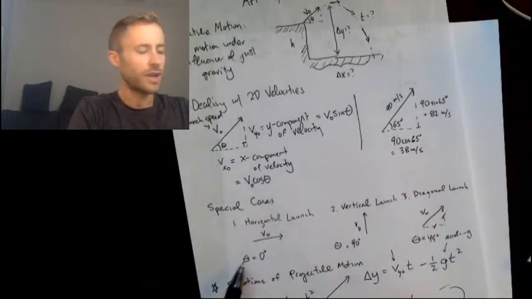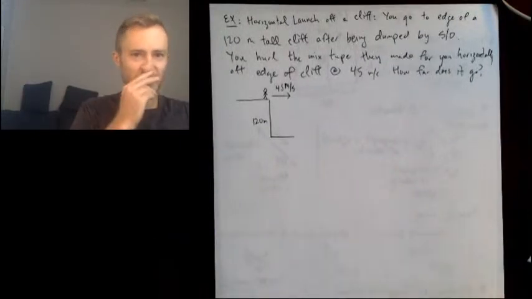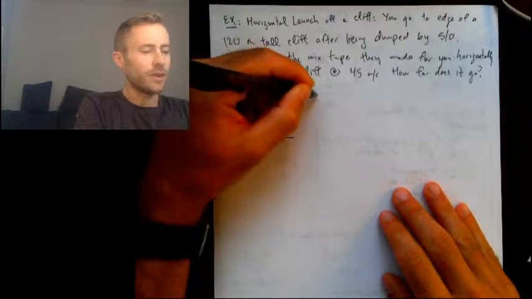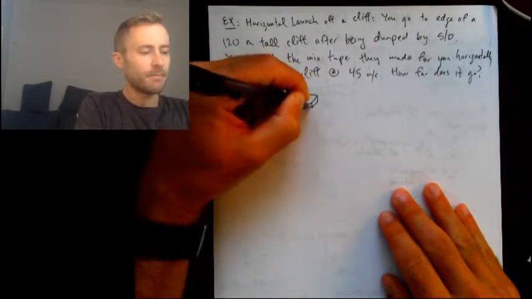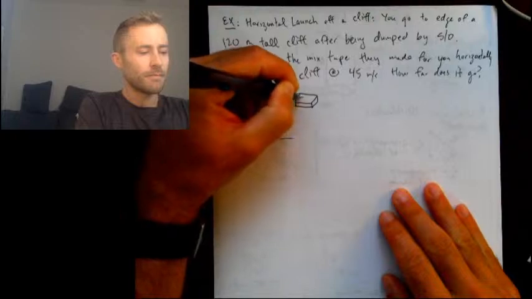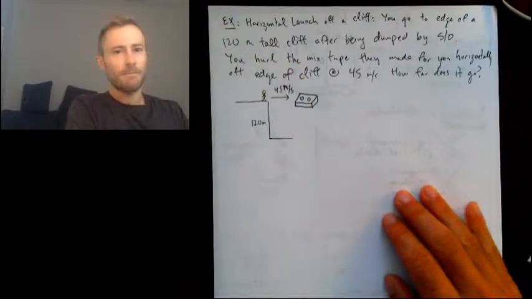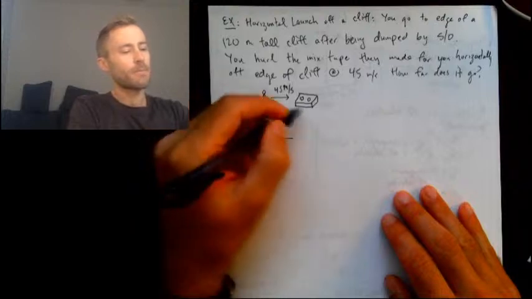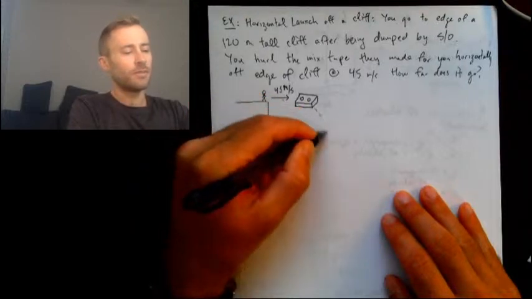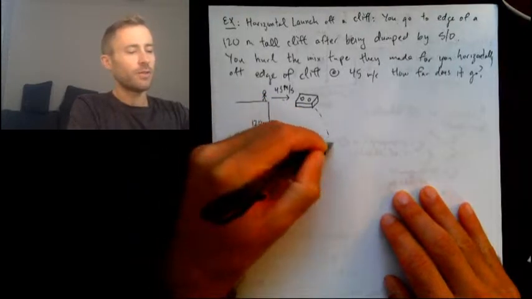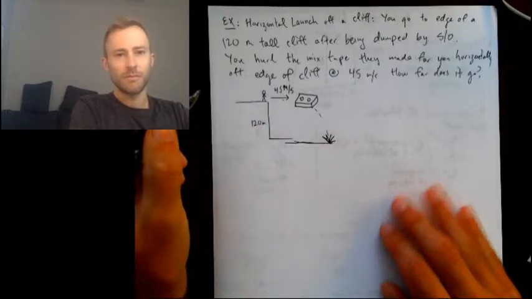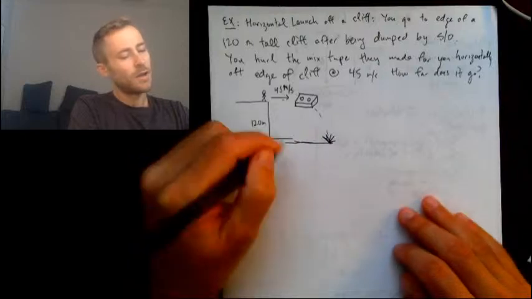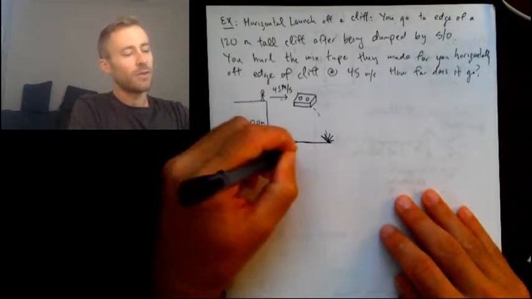Horizontal launch, angle is 0. Here's the mixtape. It has some cheesy love songs on it. And you throw it off the cliff and it lands here, breaks into a million pieces, just like your heart. And we want to know, how far does it go?